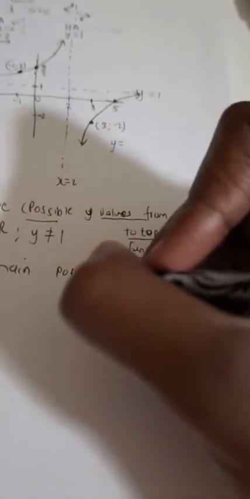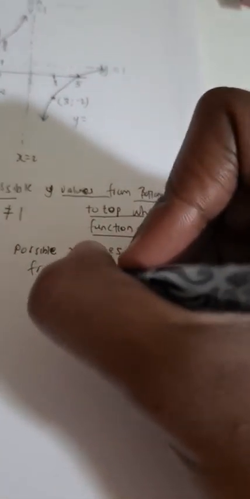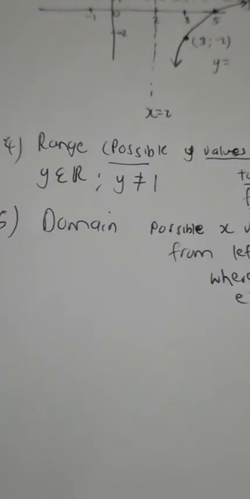From where? From left to right. So here we are looking from left to right. We are not looking from the bottom to the top. From left to right, where the function exists. That is the domain.